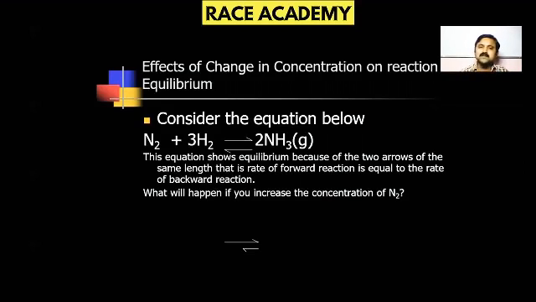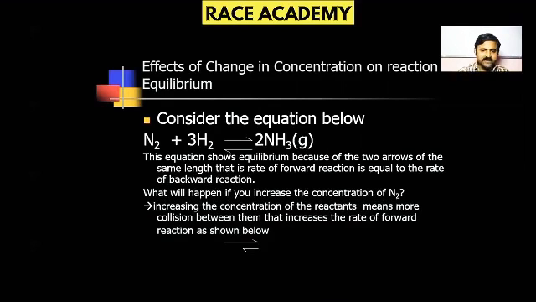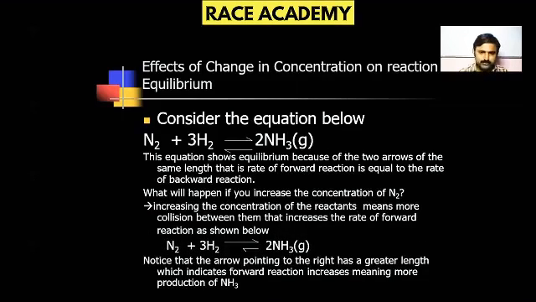According to Le Chatelier's principle, the equilibrium moves in the direction that decreases the reactant concentration, meaning the forward direction. Increasing the concentration of reactant means more collisions between them, increasing the rate of forward reaction, as N2 plus 3H2 gives rise to 2NH3. So the arrow pointing to the right has a greater length, which indicates the forward reaction increases, meaning more production of NH3.